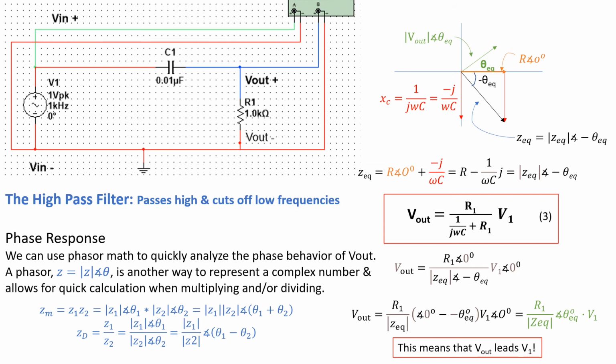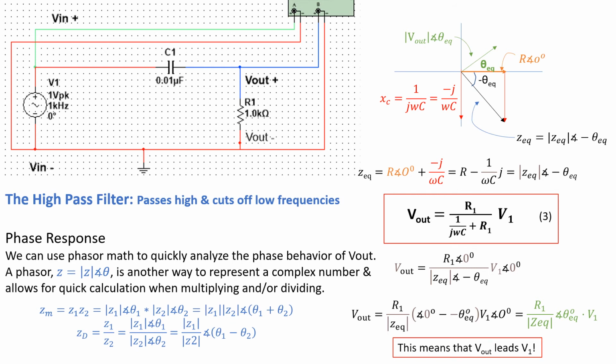Okay, so let's break down equation 3 by first looking at the denominator. We're going to mix both Cartesian forms and phasor forms of the complex number, depending on which notation is computationally easier. When adding or subtracting, we'll use Cartesian forms, and when multiplying or dividing, we'll use phasor, or the polar form of complex numbers. Now, the denominator is simply the sum of the resistance R1 and the impedance of the capacitor, which we've denoted here as x sub c.